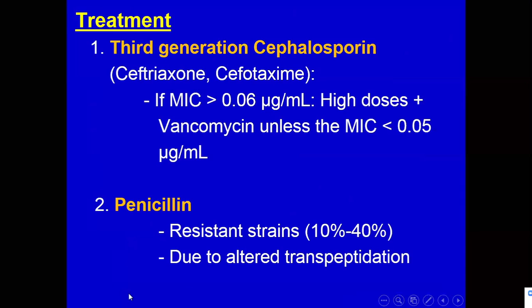And this resistance is due to altered transpeptidation. Remember, altered transpeptidation. I am not saying another cause, like an enzyme or something like that. The resistance to penicillin is due to altered transpeptidation of the cell wall. The transpeptidation means formation of the peptidoglycan of the cell wall.